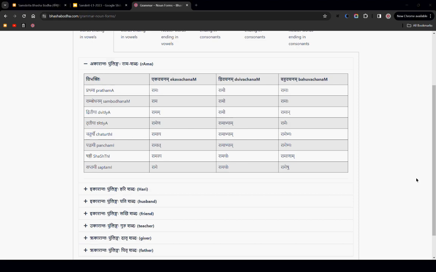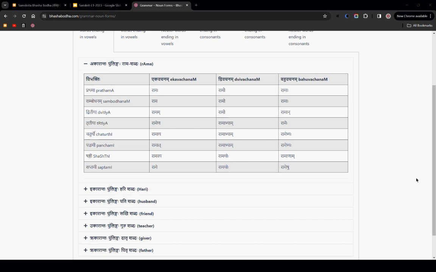So in that case also, we apply the tritiya case, third case affix to friend. Let's say we use the word mitram in this case. So we'll say mitrena. Aham graham mitrena saha gacchami. Or that saha is optional.